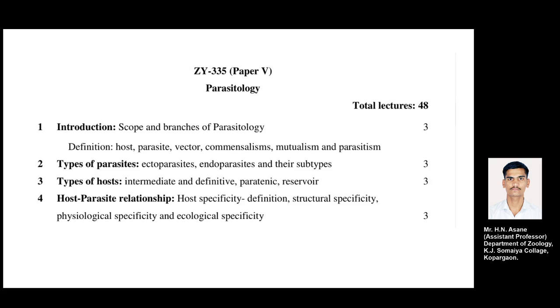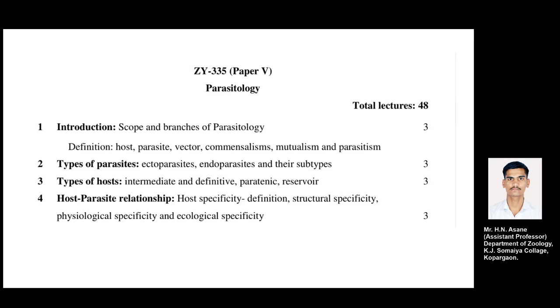Suppose one parasite is residing in one host, and this parasite needs a second host for its reproductive activity. So we are going to see this in this chapter particularly.